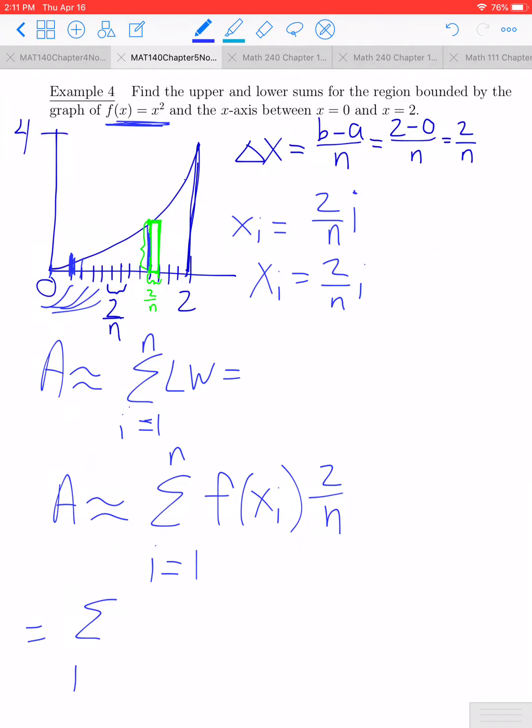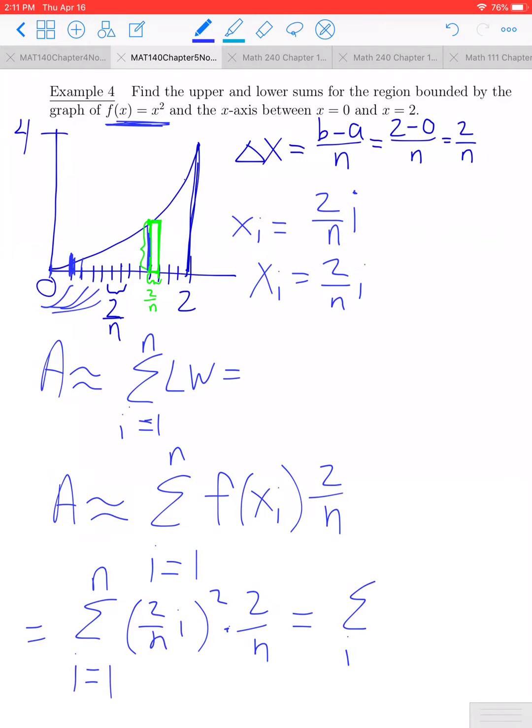This is the sum from i equals 1 to n of the function, which is x squared, evaluated at 2i over n, times 2 over n.